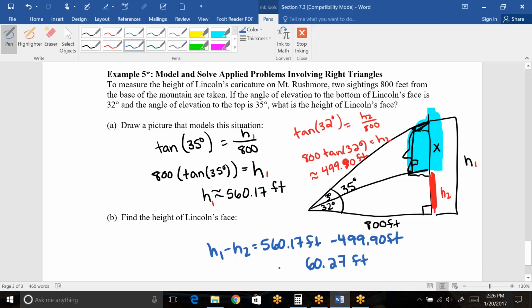So according to this word problem, Lincoln's face on Mount Rushmore is 60.27 feet tall. That's a pretty tall face.